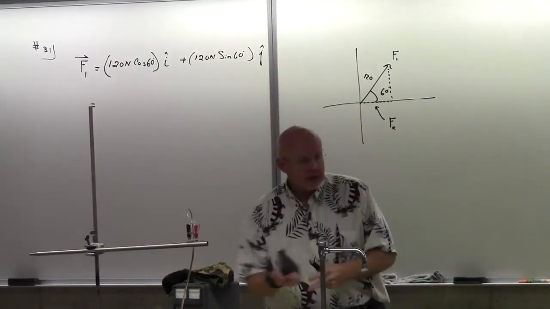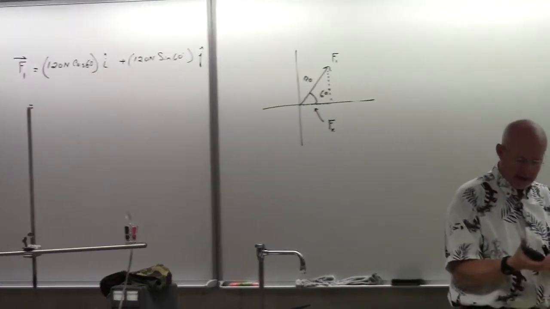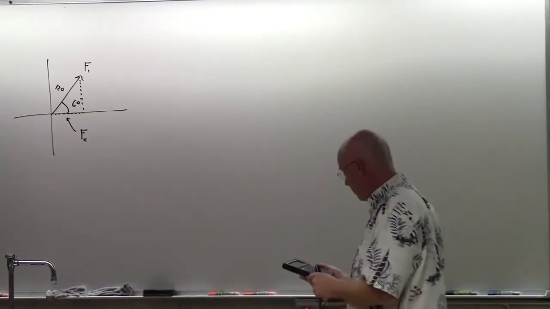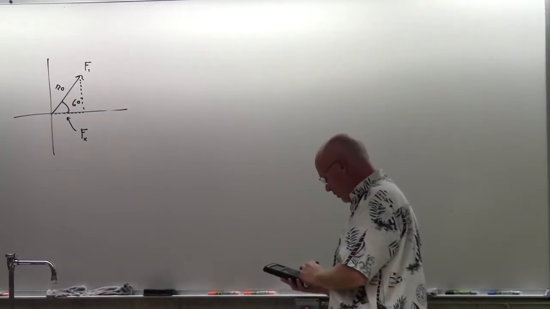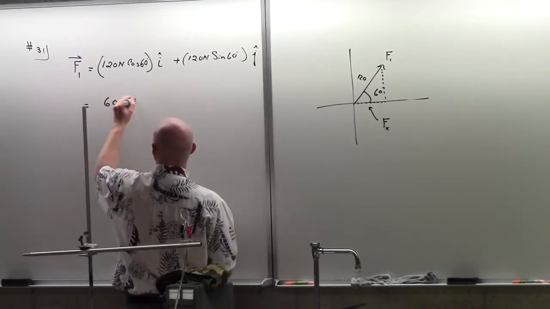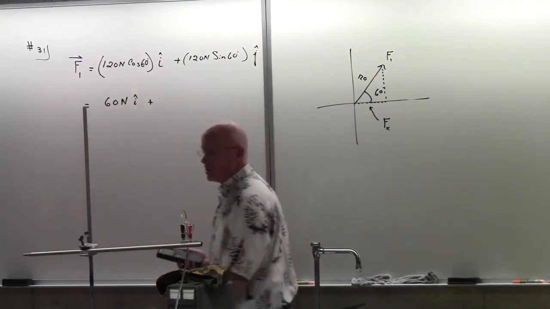And so that's a good opportunity to grab my calculator and go, okay, what is 120 times the cosine of 60 degrees? Oh, that should be a half, so that should just be 60 newtons.